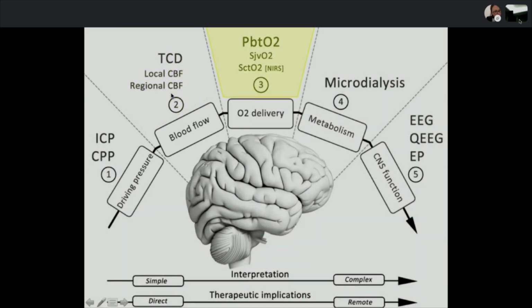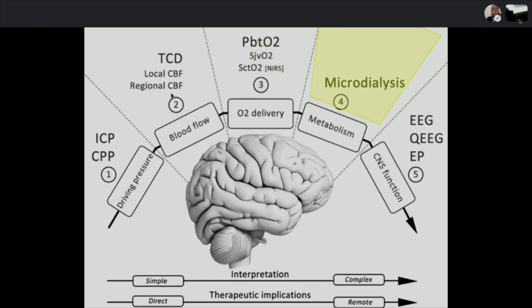And then we have all the monitoring, and that's the main part of our symposium, which are going actually to describe the oxygen delivery and the oxygen consumption, such as the SjvO2 or the NIRS or the PbtO2.